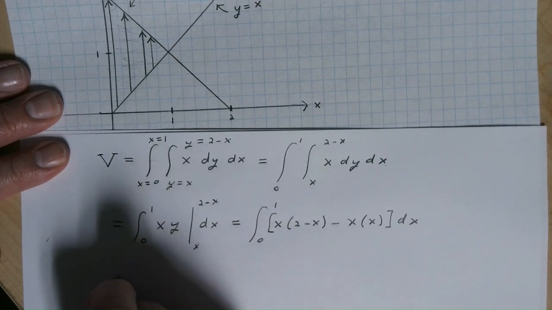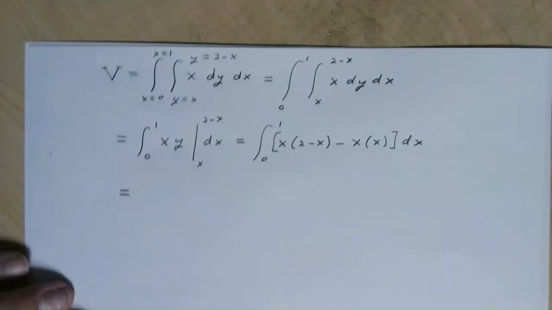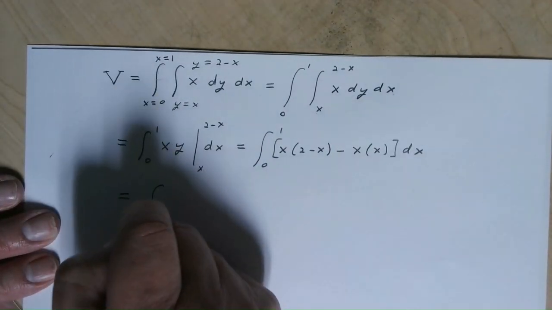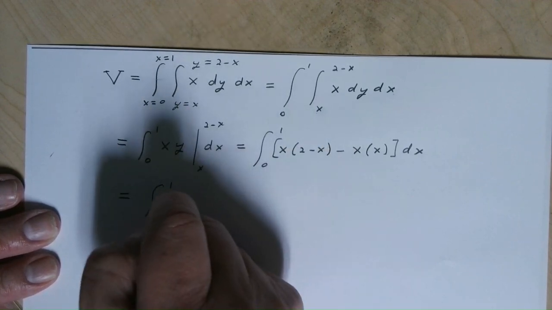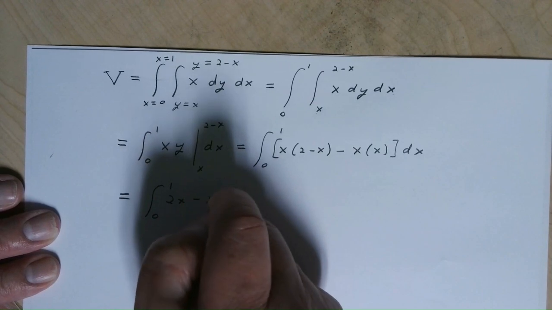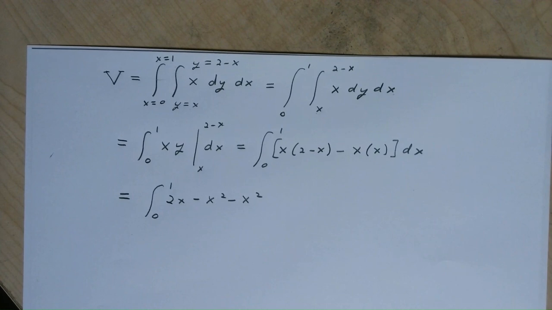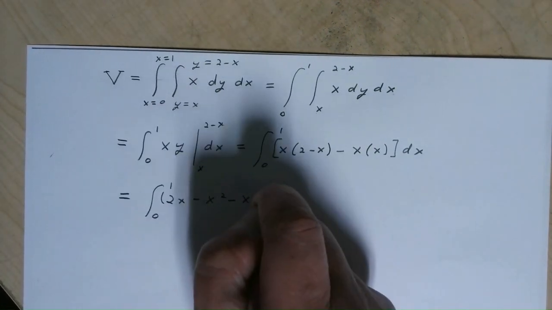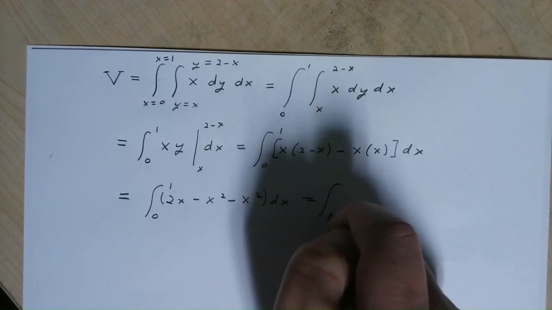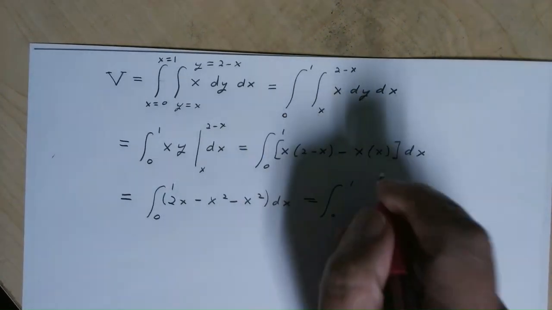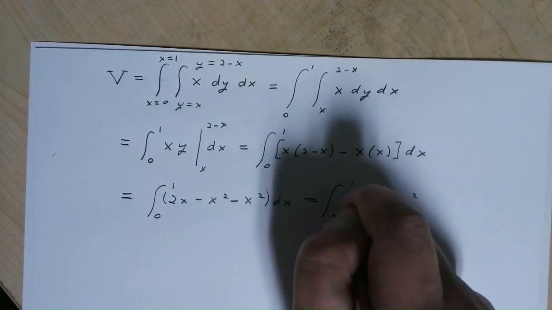And let's see if we can simplify this before we go ahead and integrate it again. So this is going to be 2x minus x squared minus x squared dx. So this looks like that's going to be from 0 to 1, 2x minus 2x squared dx.